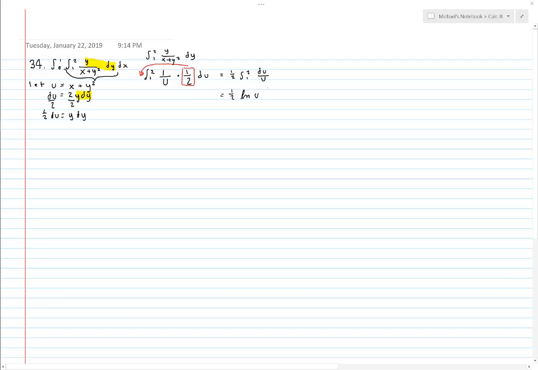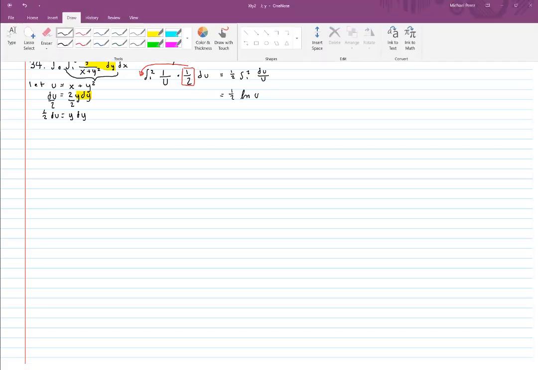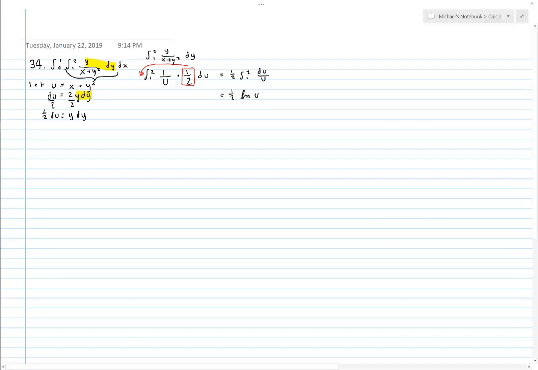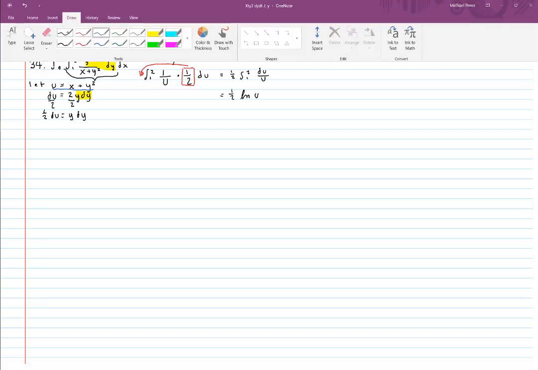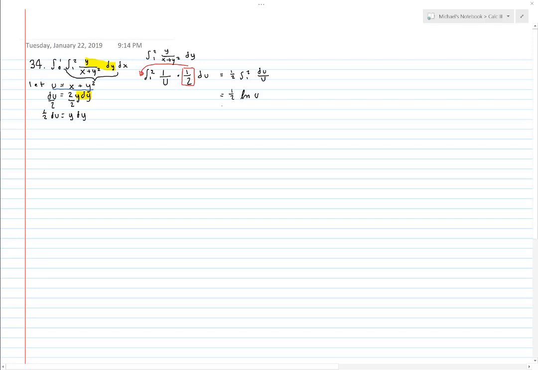And we said right here that u is equal to x plus y squared. So this is really equal to 1/2 ln of x plus y squared, and then this is going to be from 1 to 2.